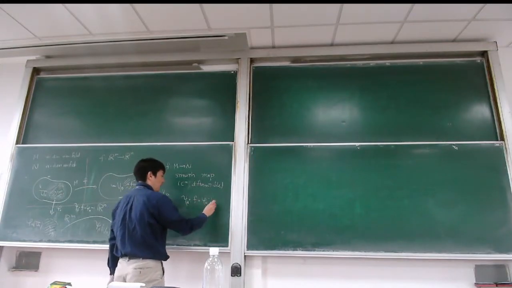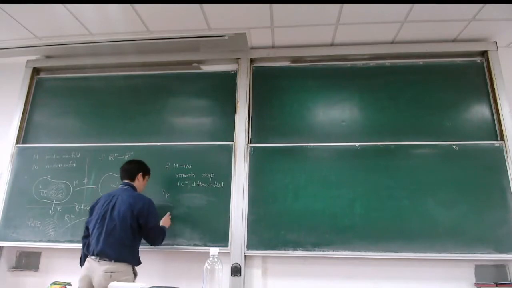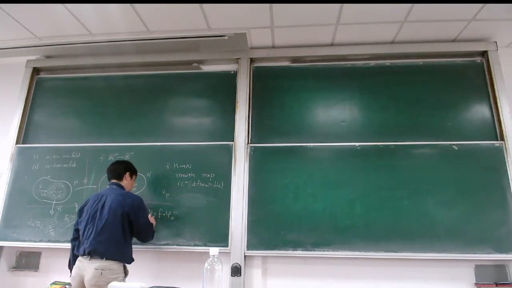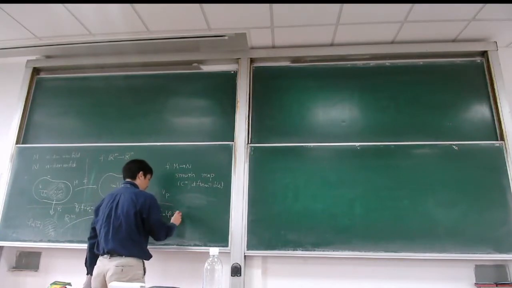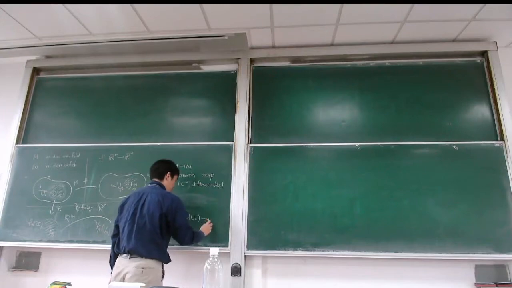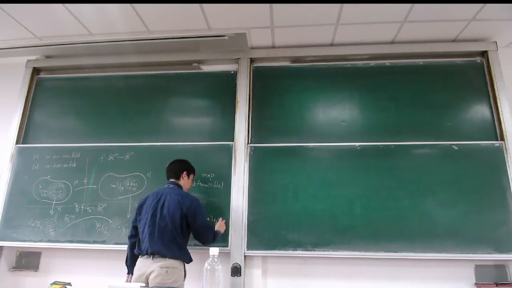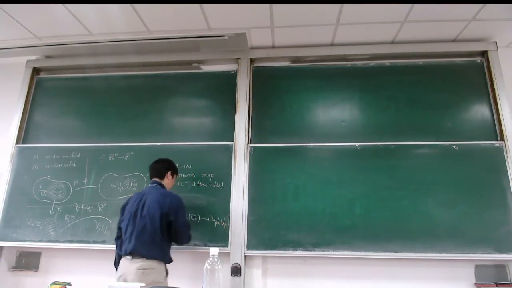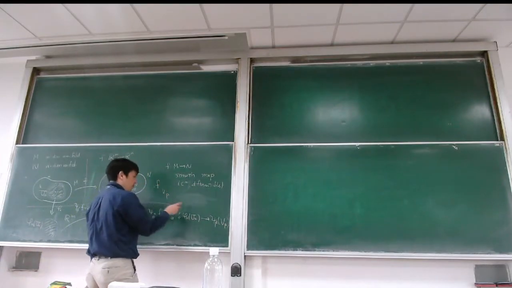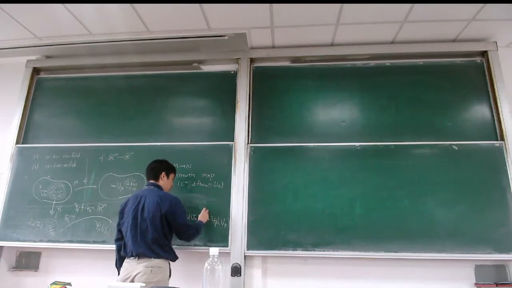I mean this map, I think I should write down phi alpha inverse f dot psi beta is a map from... if this is smooth. If for any point p, this map is smooth.